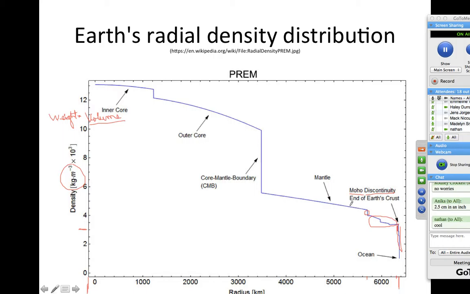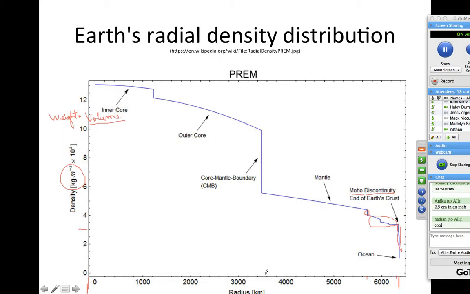Can you see the change in density here between the crust and the mantle? There. And then the mantle is pretty uniform in density. It increases in density as it goes deeper.